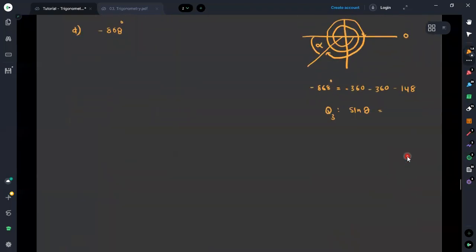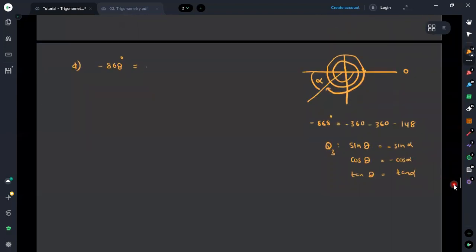Therefore, sine theta will equal minus sine alpha. Cosine theta would equal minus cosine alpha. Tangent theta would equal tangent alpha. Therefore, instead of taking this as minus 868 degrees, we can say this equals two times 360, but in the clockwise direction.